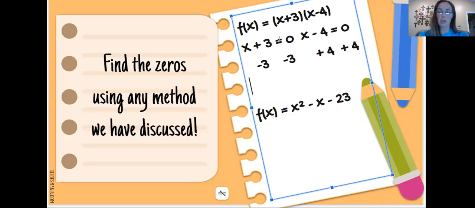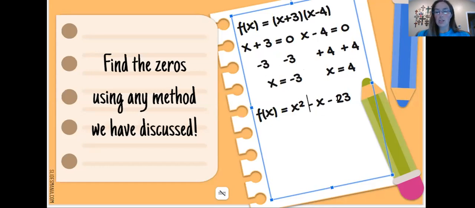And then we would have gotten our solution: x equals -3 and x equals 4. That's pretty simple, and many of you would have probably just looked directly at this and said, well, the opposite of this is -3 and the opposite of this is +4.